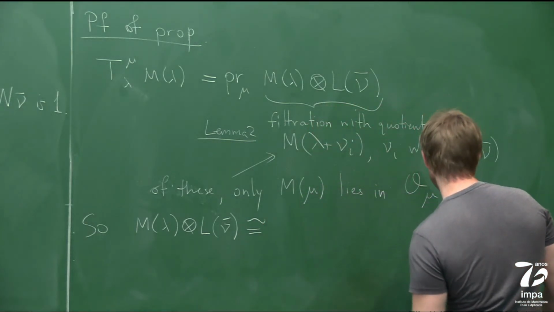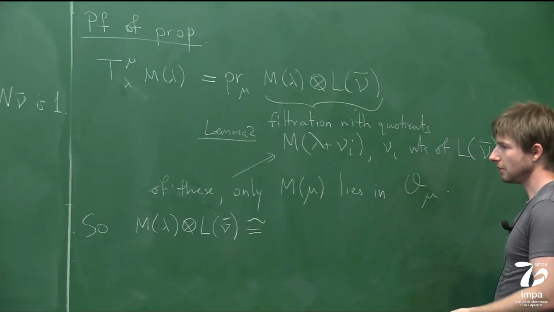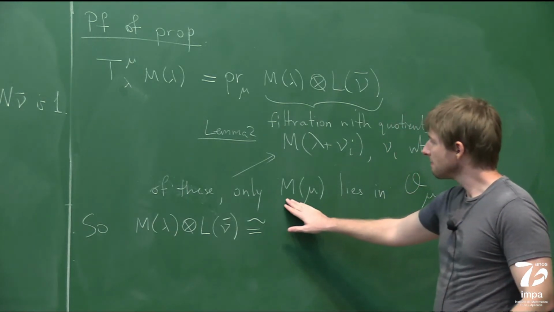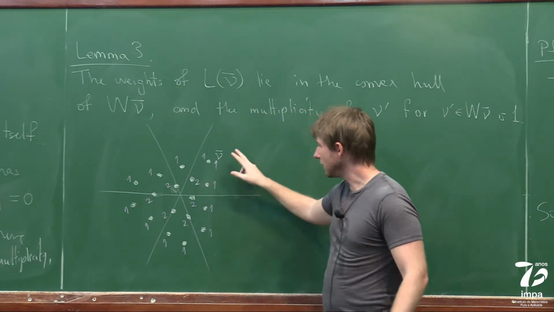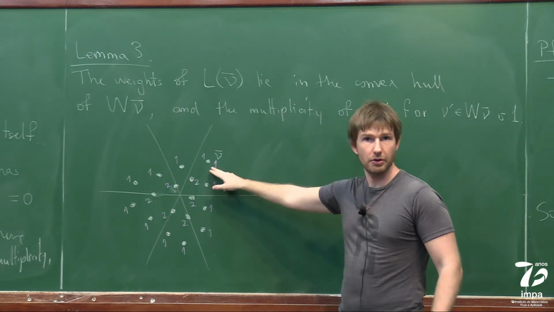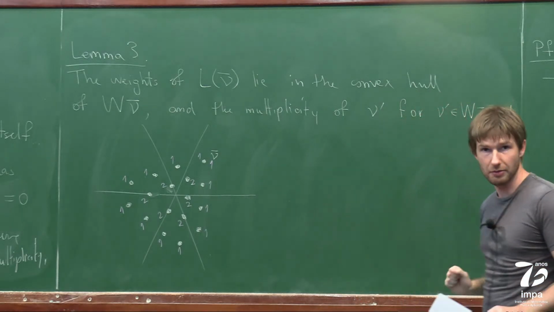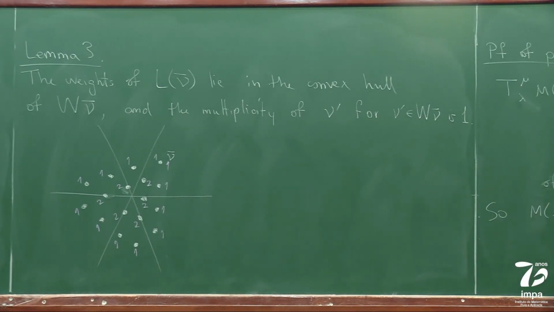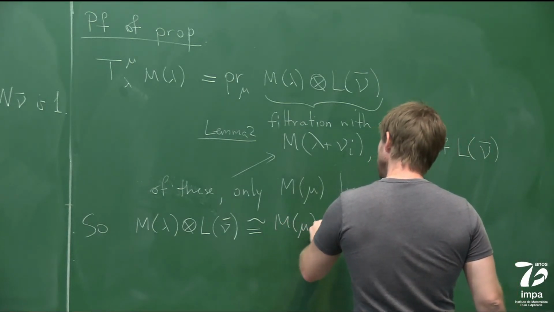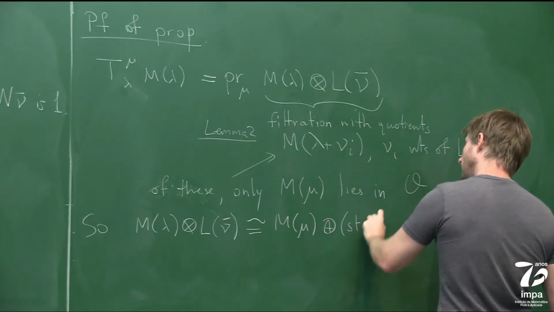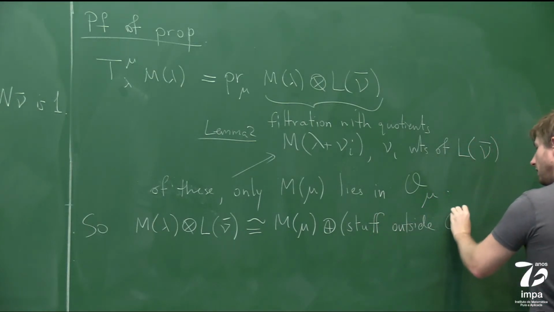So this means, all right, so we have that. The next point is that by the third lemma, that particular Verma module only occurs once, right? If it could occur multiple times, in principle, you could have an extension of that Verma by itself. But you actually don't. You only have it occurring one time. So we get M mu plus stuff outside O mu.